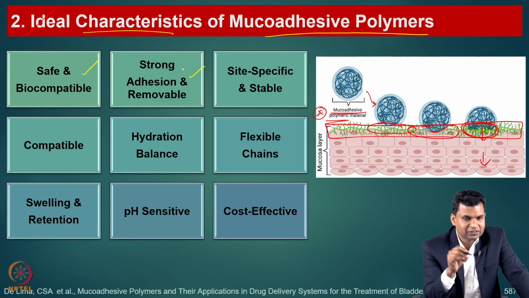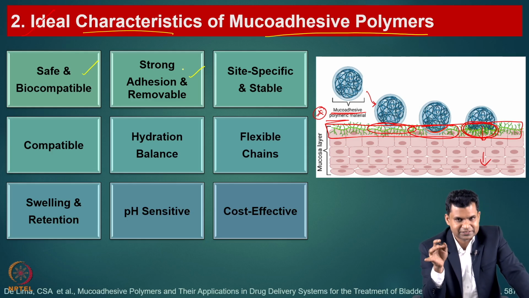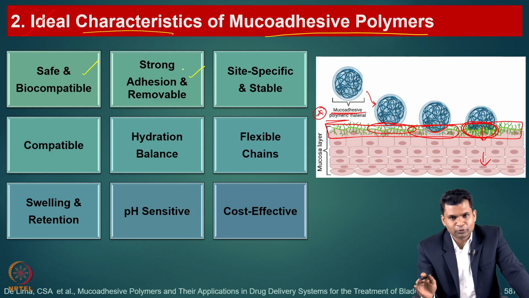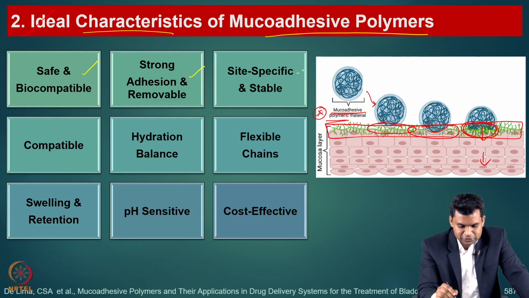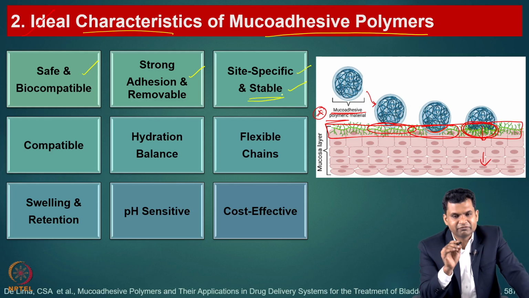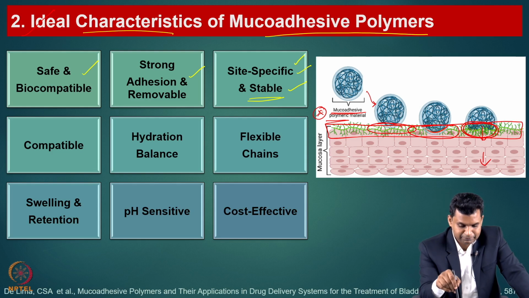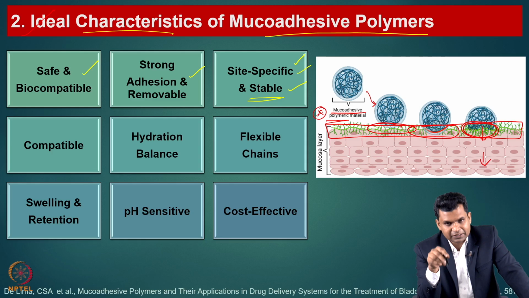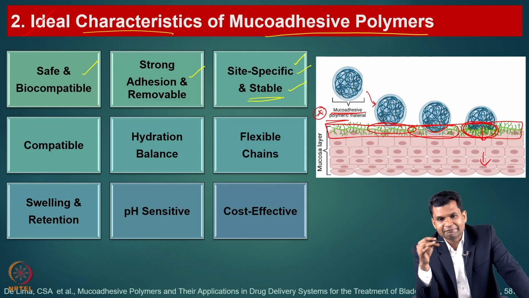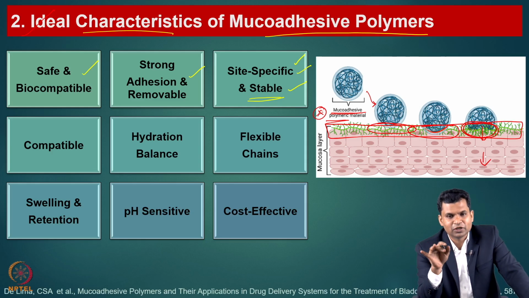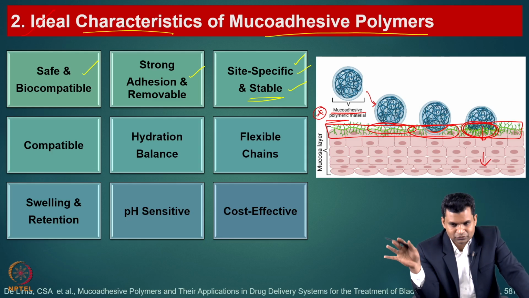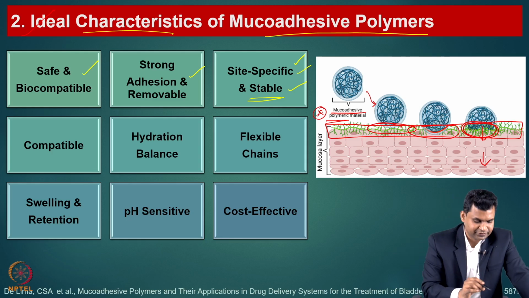It should also be site specific and stable under various conditions. You can select based on pH sensitivity, temperature sensitivity and other applications, but your polymer should be site specific and remain stable throughout the various conditions.